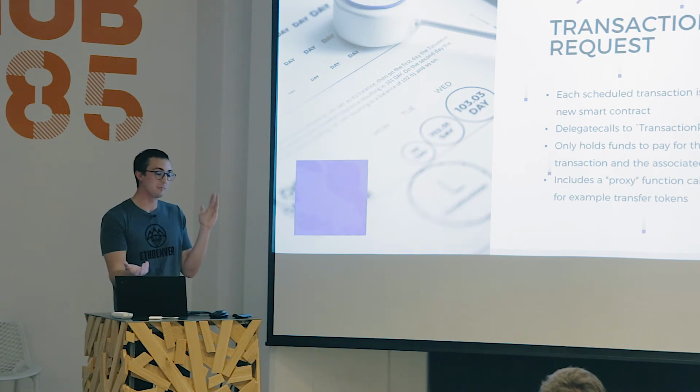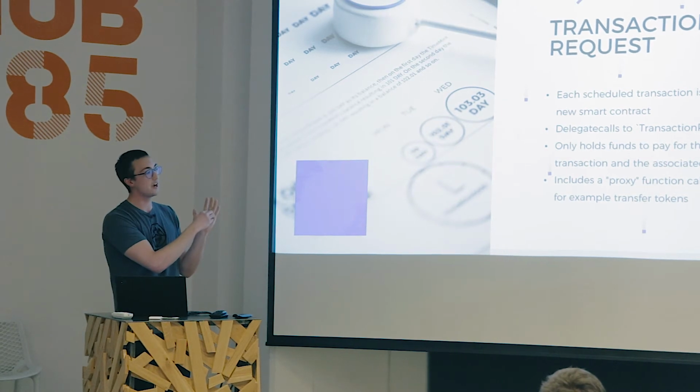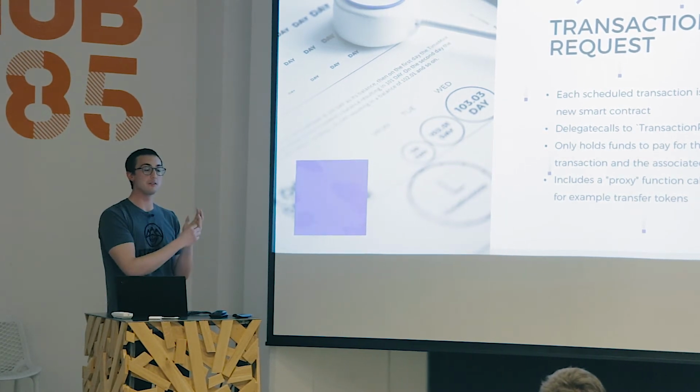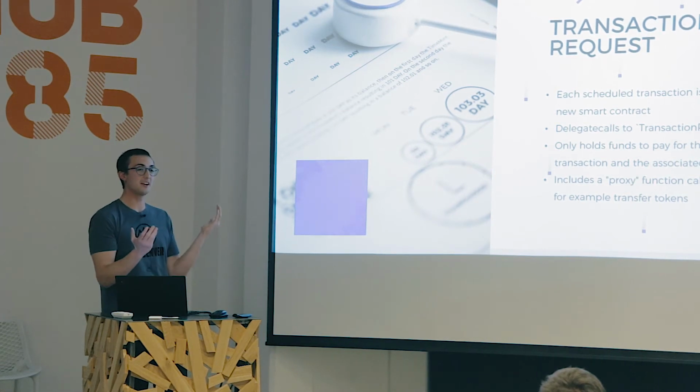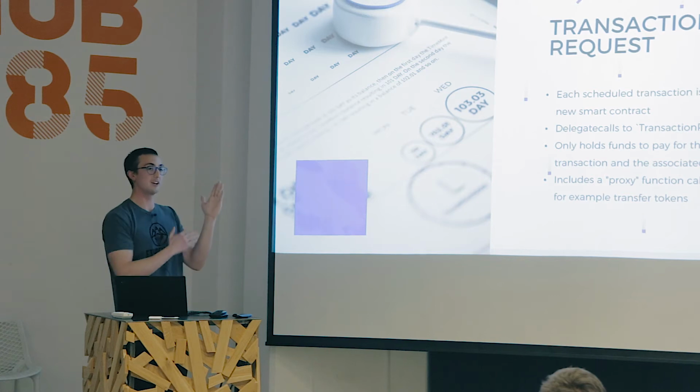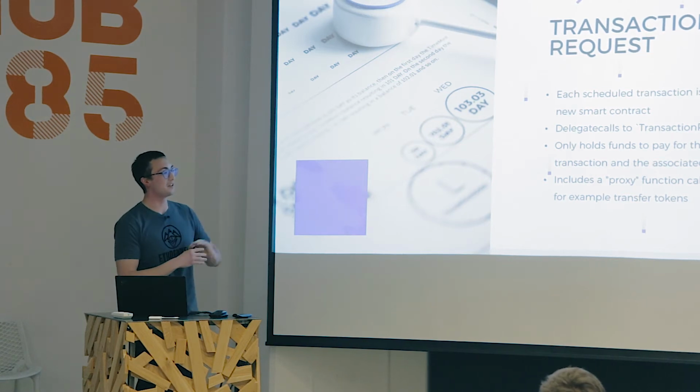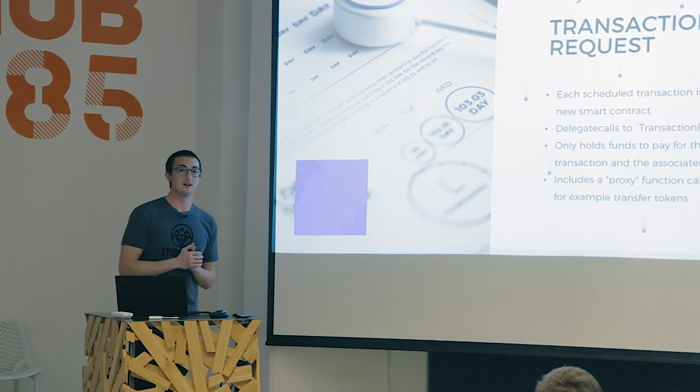So there's a problem, for example, if this contract is buying tokens from an ICO contract, that means that this scheduled transaction contract would become the owner of those tokens and basically get stuck there because it's just a dummy contract. So how can we get these tokens out?